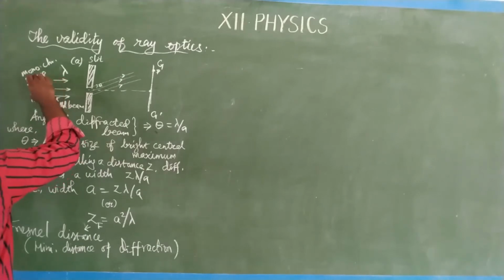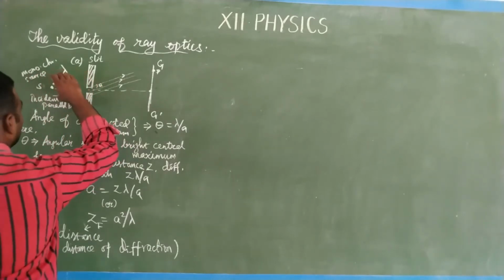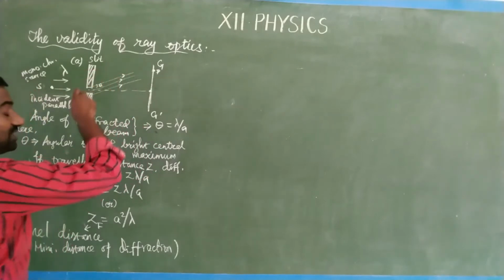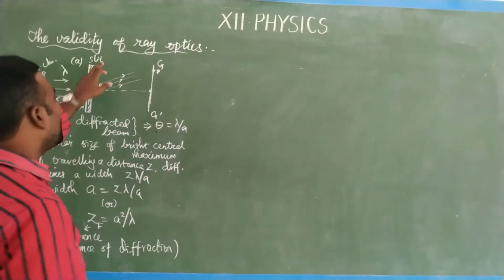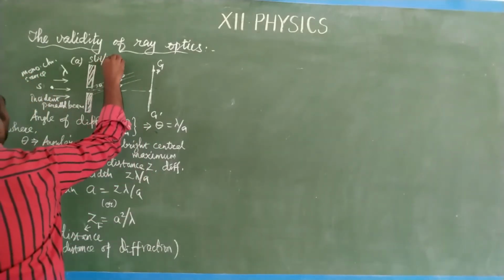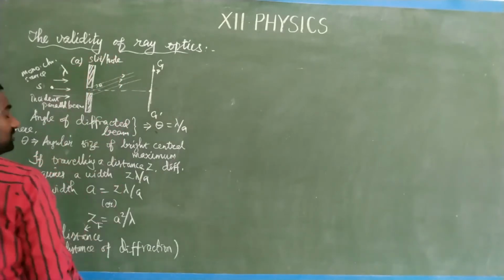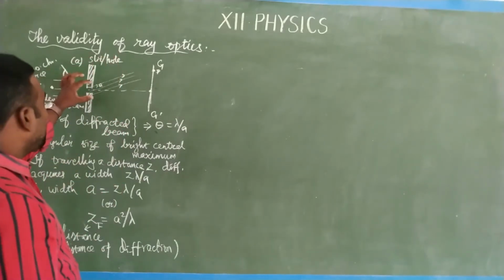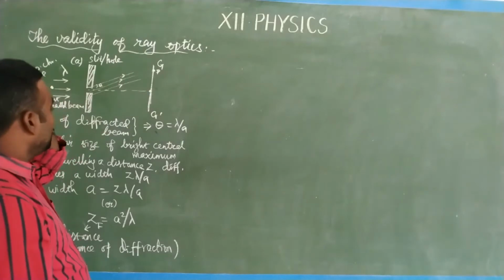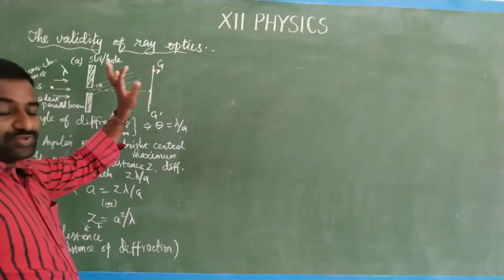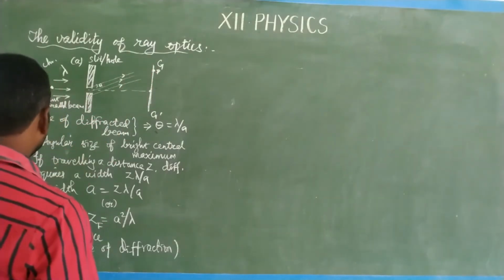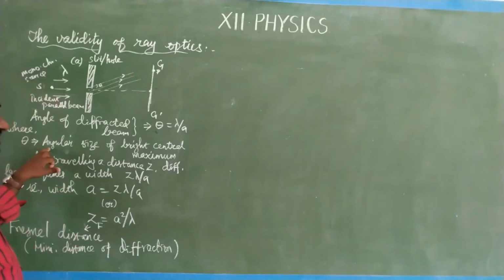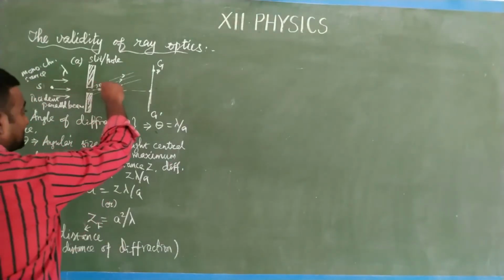So from the monochromatic source, the parallel beam of wavelength lambda is used to illuminate the aperture, which is nothing but a slit or hole having width A. The diffraction pattern is obtained on a screen G dash at a point P. Here theta is the angular size of the bright central maxima.